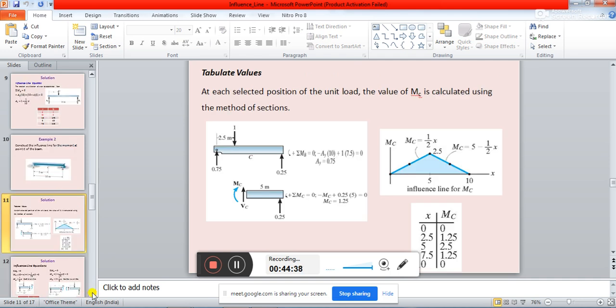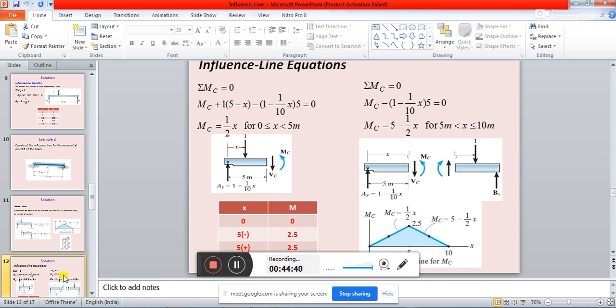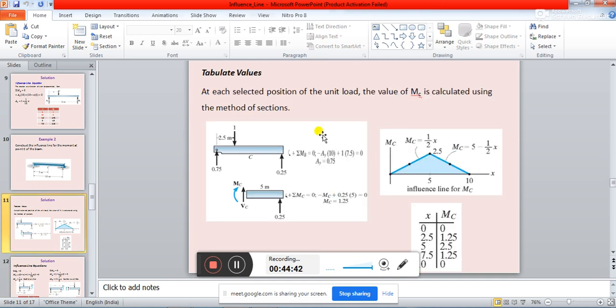I am not going to this one first, because this is a method where again you will have to put the values and one by one calculate the values of bending moment.